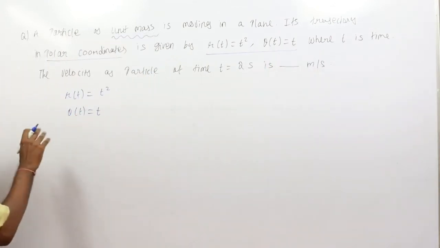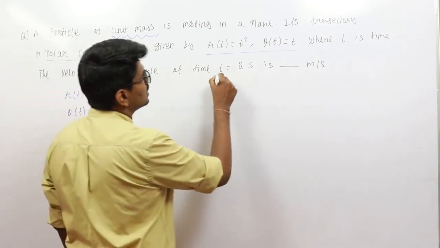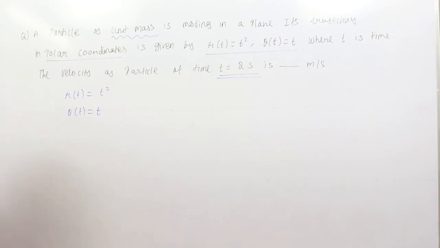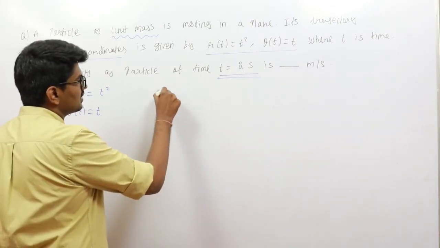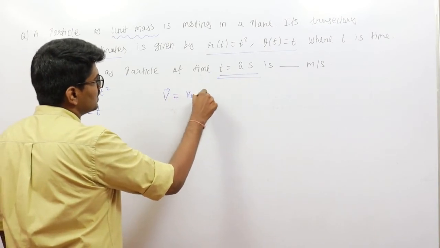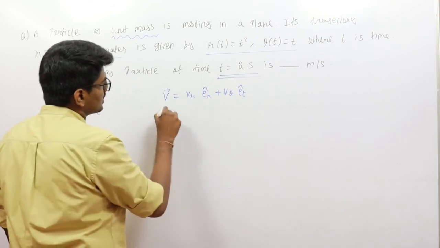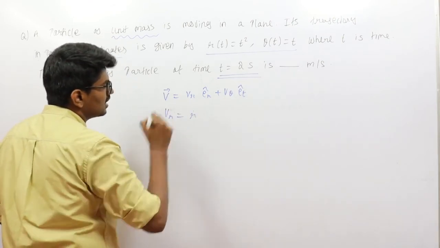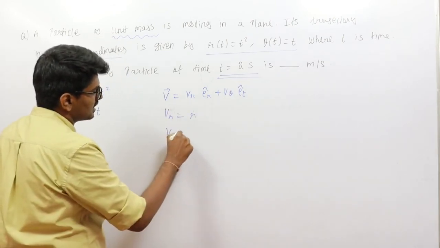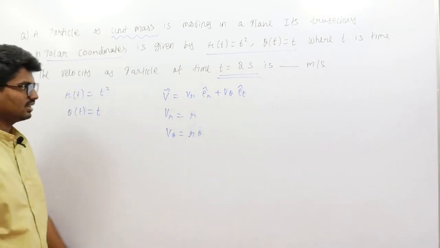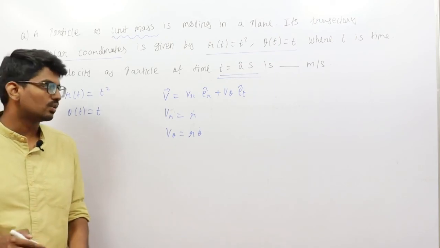The velocity of the particle at time t equal to 2 seconds is asked. So first of all, in polar coordinates, our velocity vector is going to be Vr Er cap plus V theta E theta cap, where Vr is nothing but r dot and V theta is nothing but r theta dot. This is something we got when doing the polar coordinate derivation.